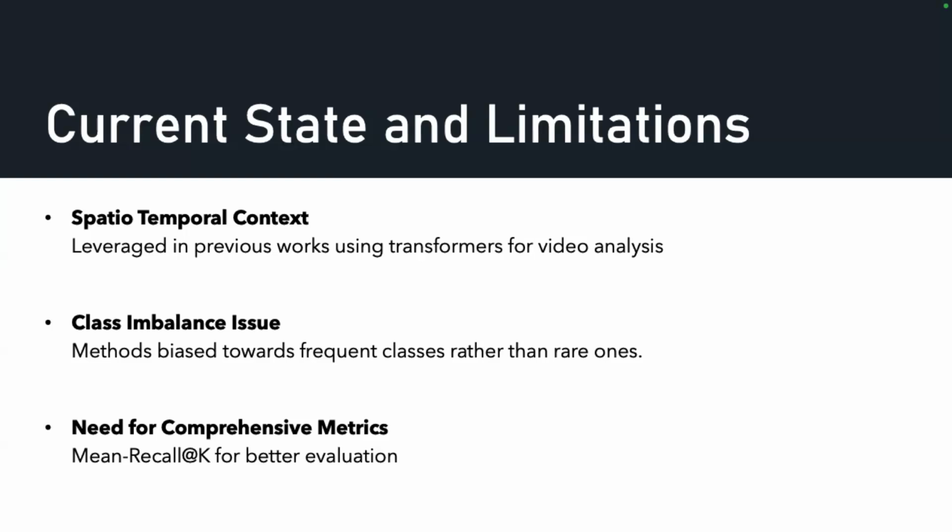But there is a class imbalance issue in the dataset as well: some relations occur very frequently between the objects, while some of them are very rare. So not only does the temporal context need to be maintained, but we need to learn the rare predicates as well, so that we can accurately generate the scene graph for a video.